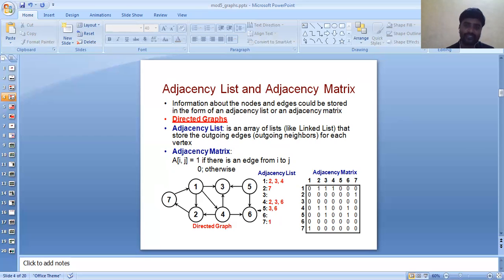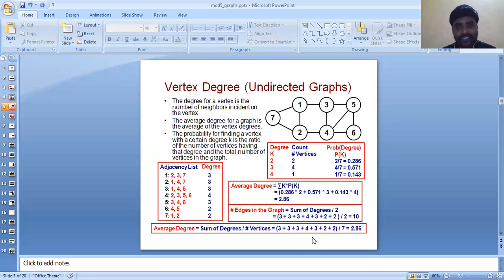We can see here the 7 values, and now we want to know the vertex degree for the undirected graph. So what is meant by vertex degree? Why do we want to calculate vertex degree? The degree of a vertex is the number of neighbors incident on the vertex, that is called the vertex degree.